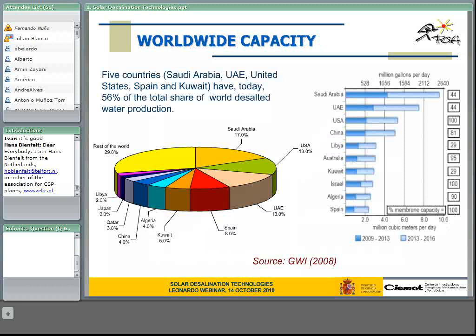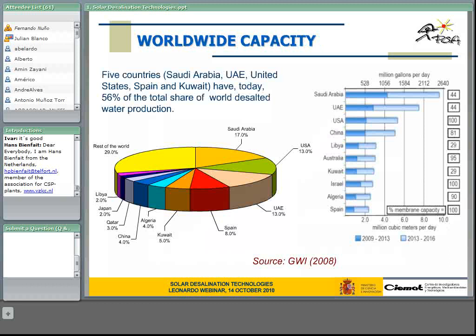You can see on the right that Saudi Arabia, for instance, has projects and plans so that by the year 2013 the country will have more than 4 million cubic meters per day of desalinated water production, and nearly 10 million in the year 2015.